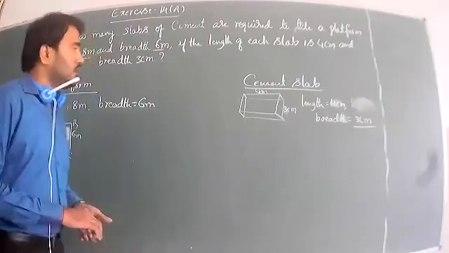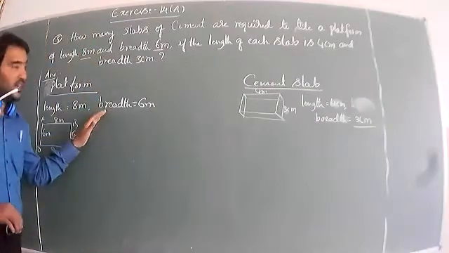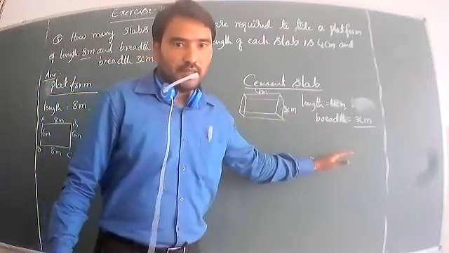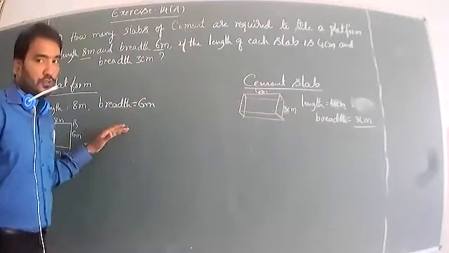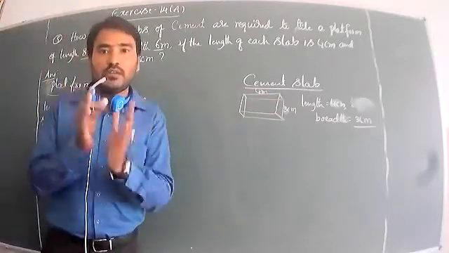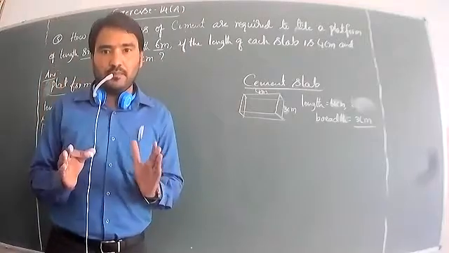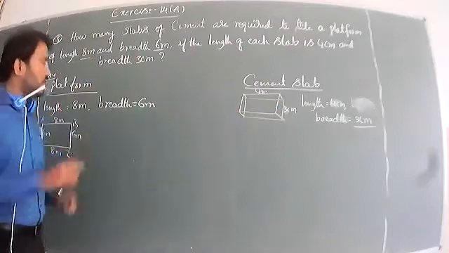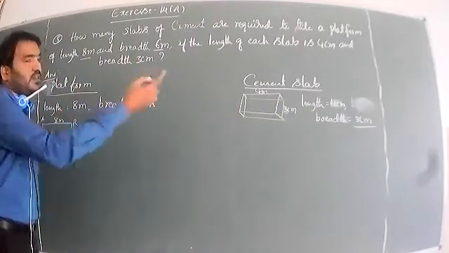Okay students, now different units are there. Here meter, here centimeter. So for both the cement slab and platform, the units should be the same, then we can find the answer easily. Where meter is there, we convert it to centimeter.